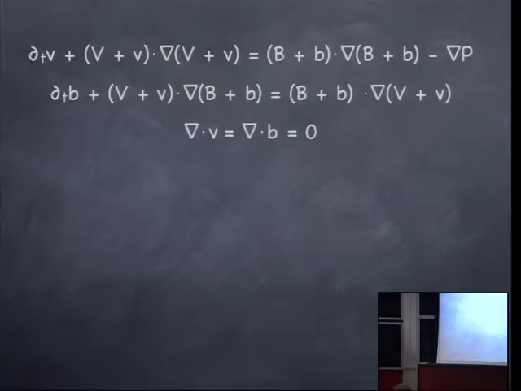So this is the incompressible MHD equation. I put the background velocity and background magnetic field here. If we take the standard MRI setup where the gradient of the velocity is perpendicular to x, then this term vanishes, and we can do the same thing for B. So there's some restriction, but with it I can throw away these terms.